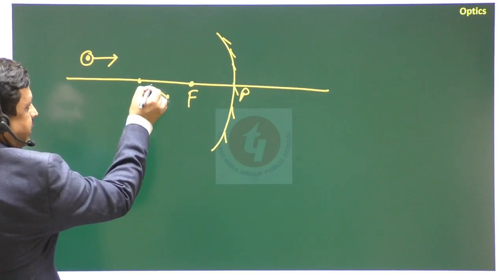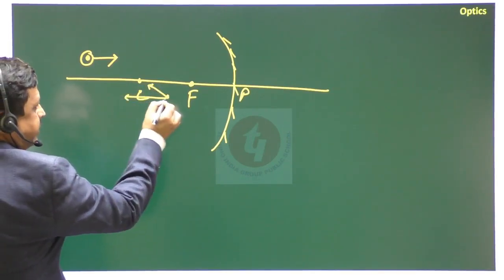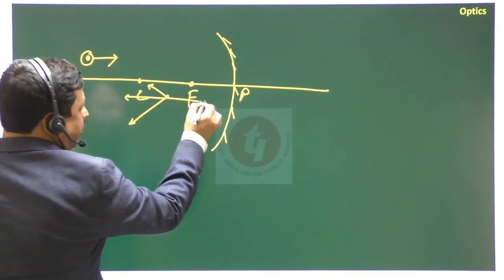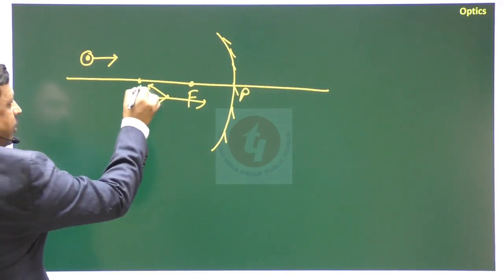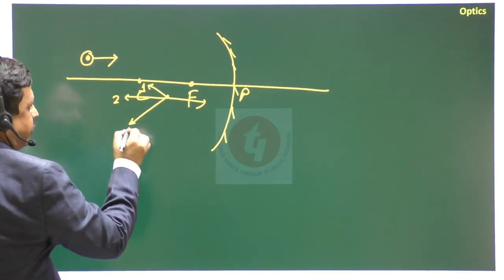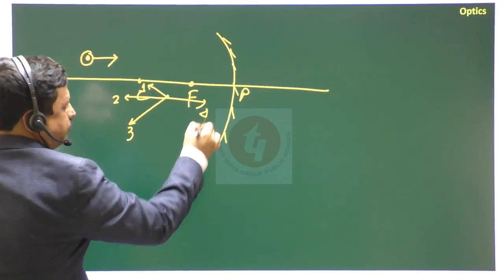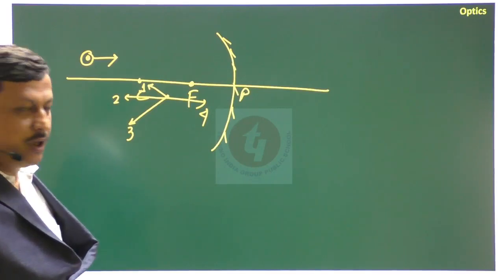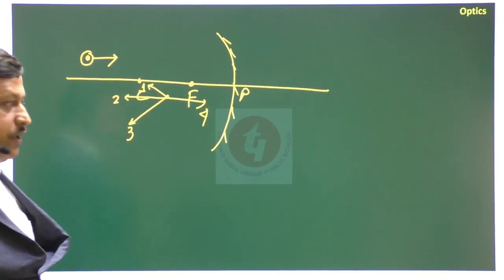Like in this direction, or this, or this, or this. Which one is correct? 1, 2, 3, 4. First try to solve it.